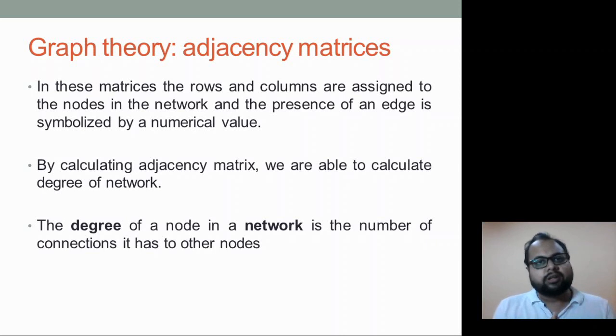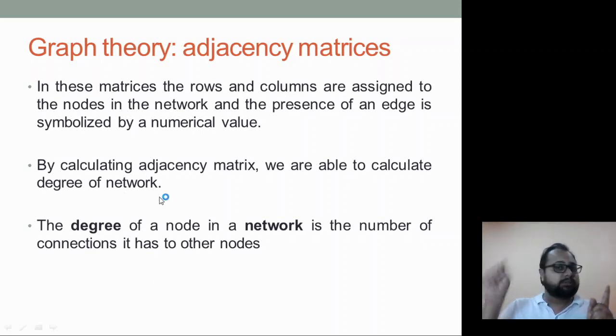Now, when we are talking about graph theory, we have to understand the adjacency matrix. The adjacency matrix helps us calculate the degree of the network. If you remember that example with the various degrees, or the basic one, 1, 2, 1, those are the degrees. There is a way in which graph theory calculates this degree, and that technique is what we call the adjacency matrix technique.